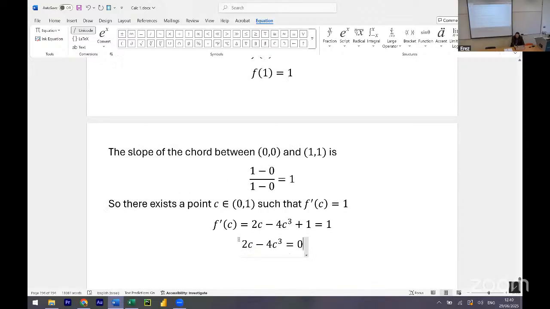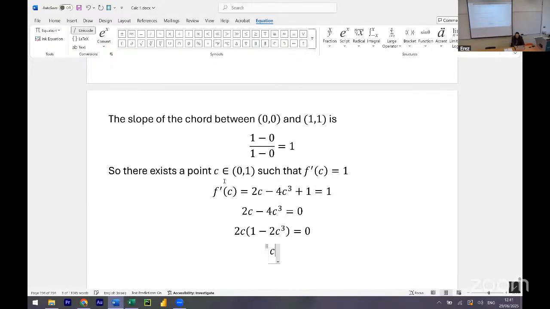Lucky us. So c times (2 minus 4c squared) equals 0. So c equals either 0 or plus or minus the square root of 1/2. Take out c probably.